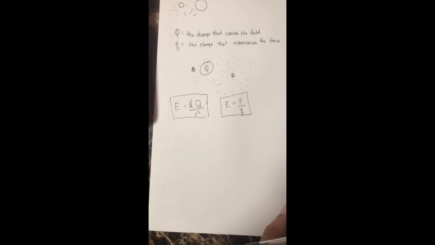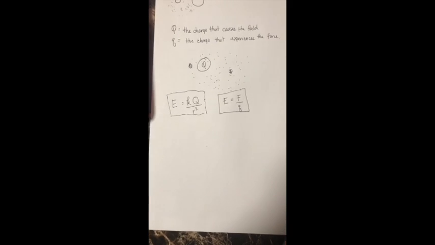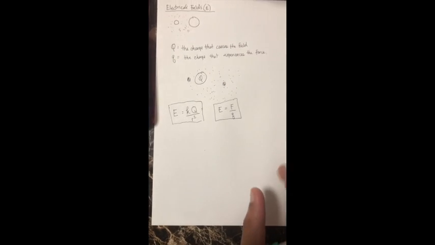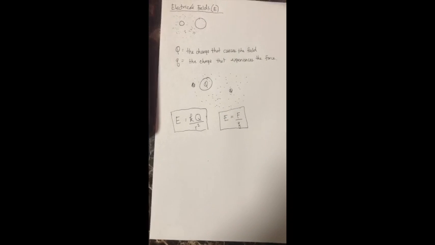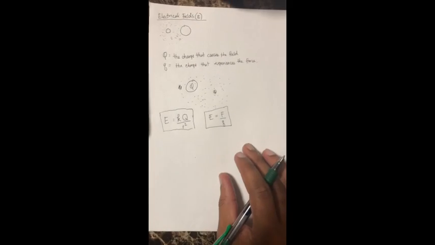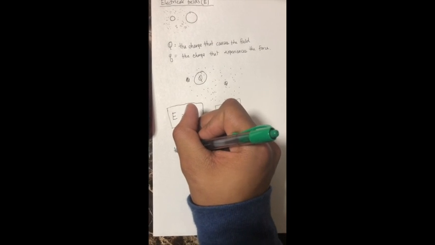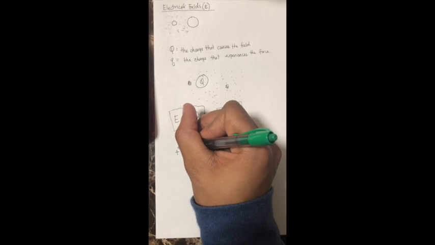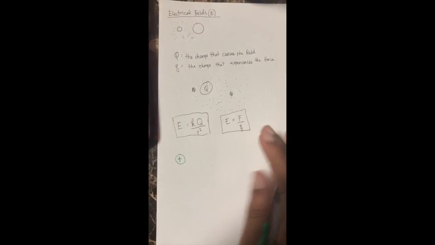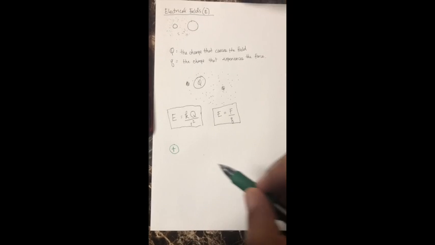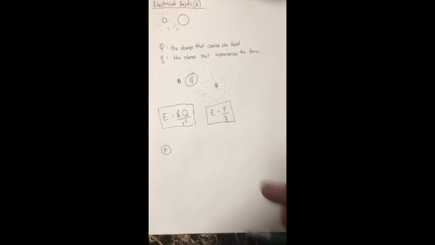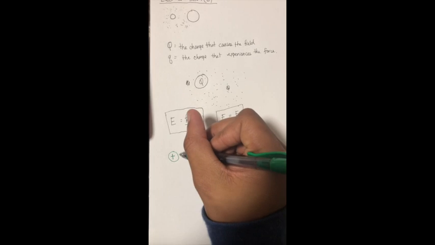Now, for electrical fields, we have two main types of charges that we've been talking about: a positive charge and a negative charge. Those are the only two charges we have. So for a positive charge, the field always points out of a positive charge.